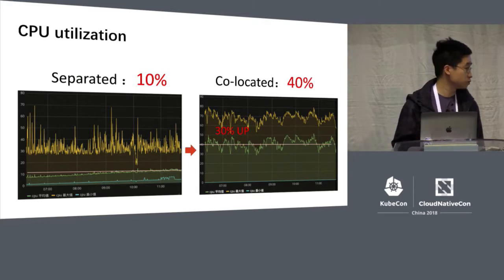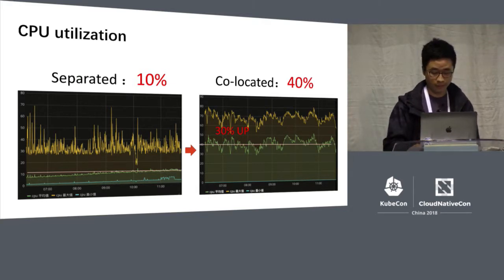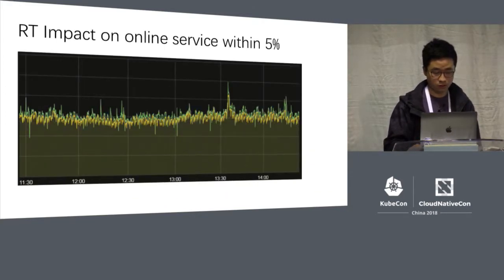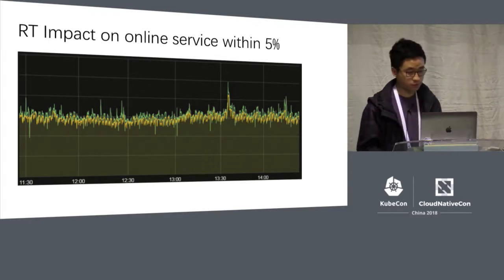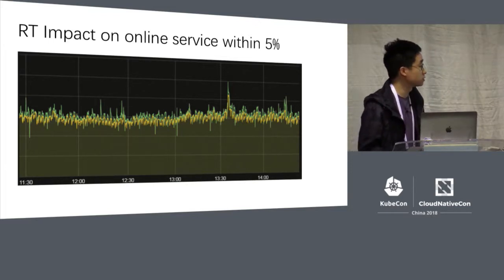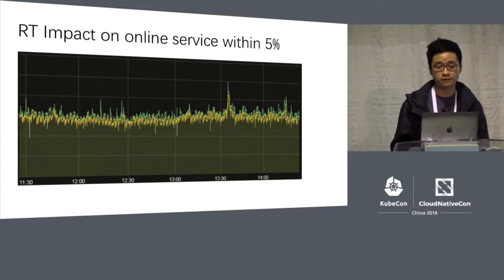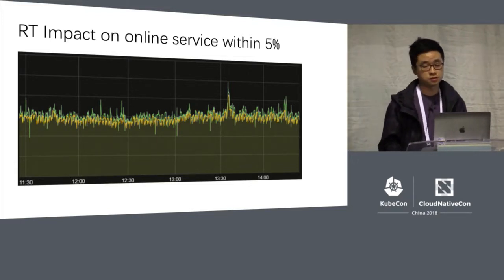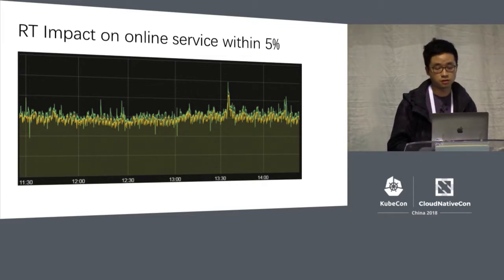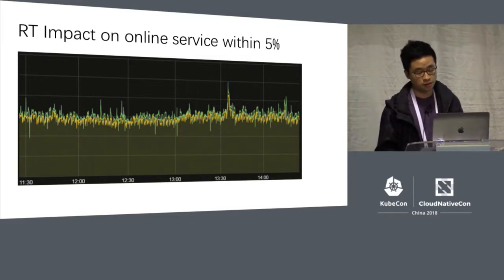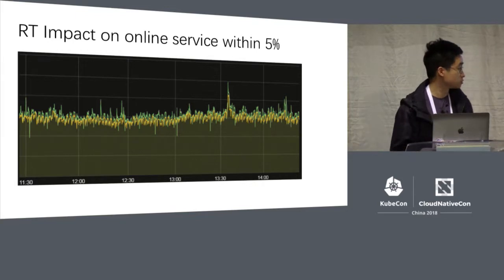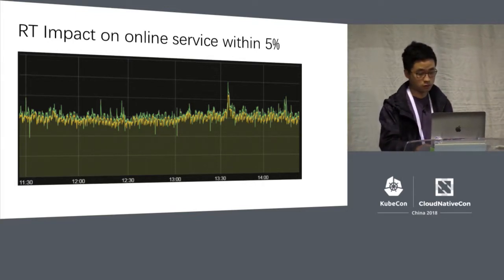Within Alibaba, this is a huge improvement, a qualitative improvement with co-location. We've also done some statistics on the RT impact on online service. The RT impact can be maintained within 5%. We have internal isolation technology to support us with that, to make sure that the influence is as low as possible.